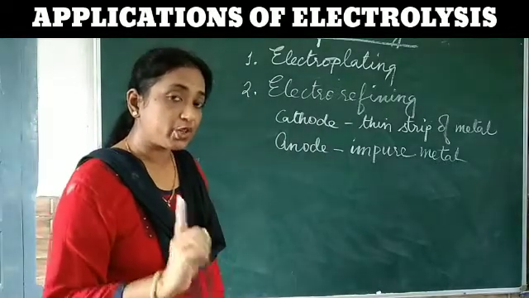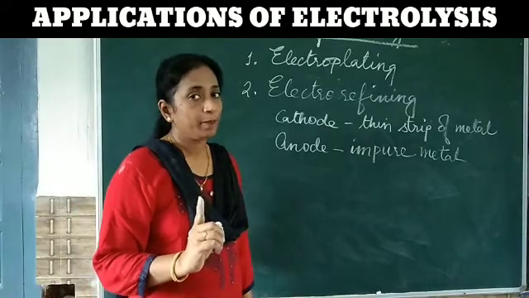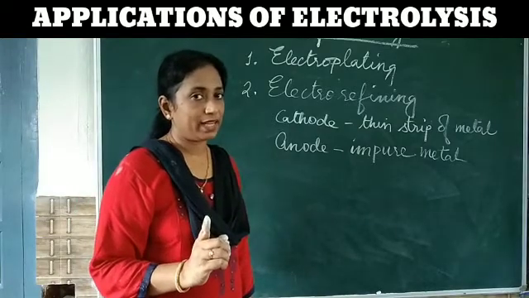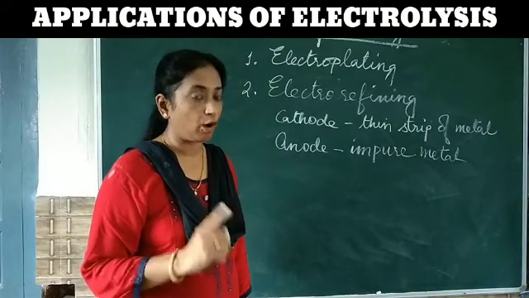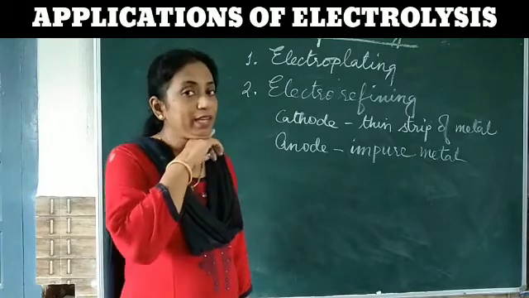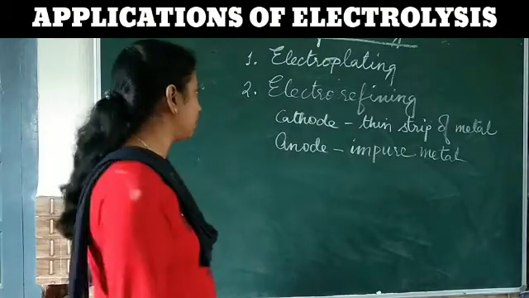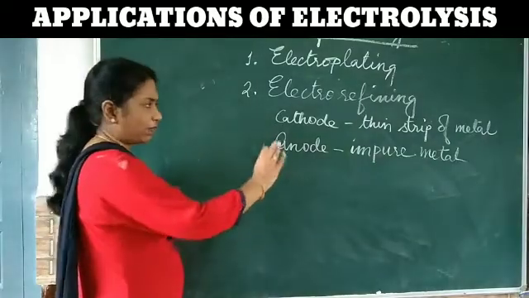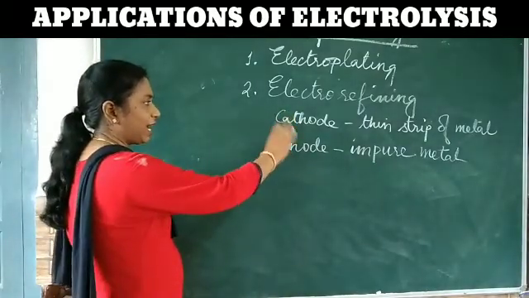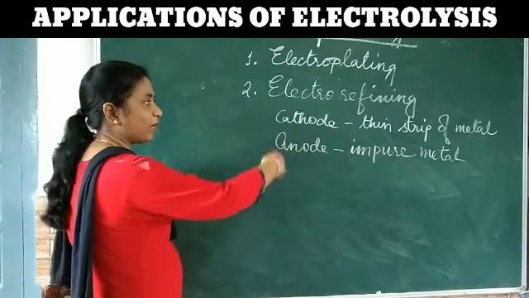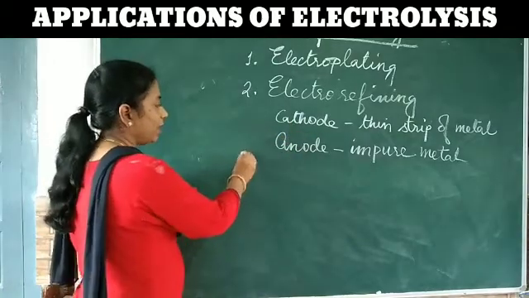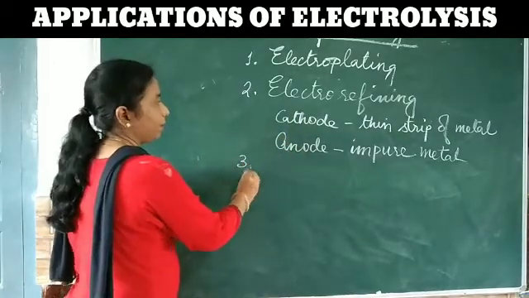The electrolyte should contain ions of the metal we are refining, that is copper sulfate if we are refining copper. So copper sulfate solution will be our electrolyte. Same principle: active anode, the anode goes on becoming smaller and smaller, and the cathode goes on becoming heavier and heavier.